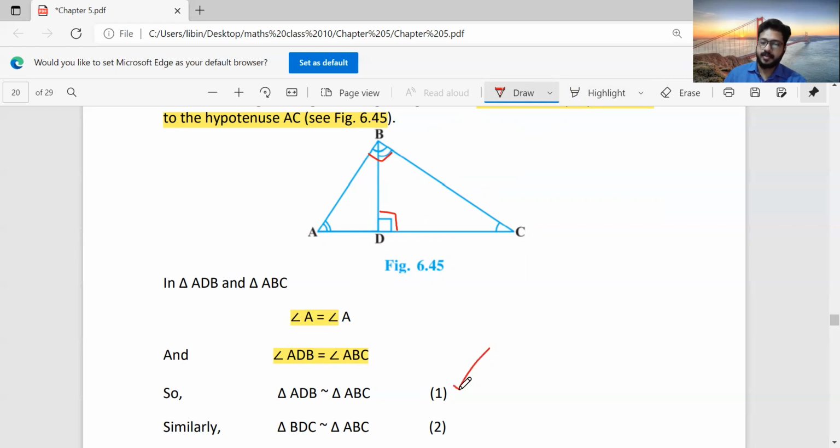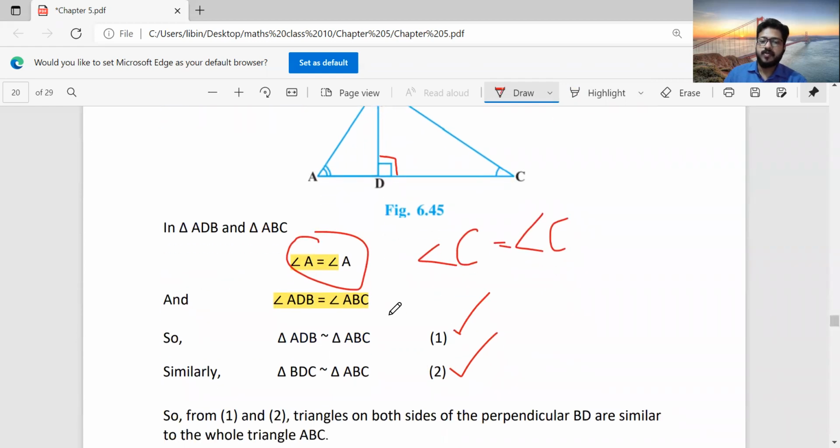Similarly, in the same manner, triangle BDC is similar to triangle ABC, because instead of this angle A, we are writing angle C. Angle C is common to both the triangles. That is the only matter. Now, from 1 and 2, triangles on both sides of the perpendicular BD are similar to the whole triangle ABC.